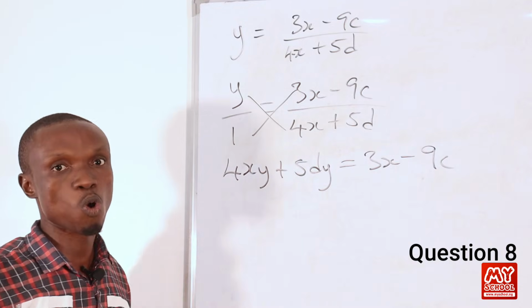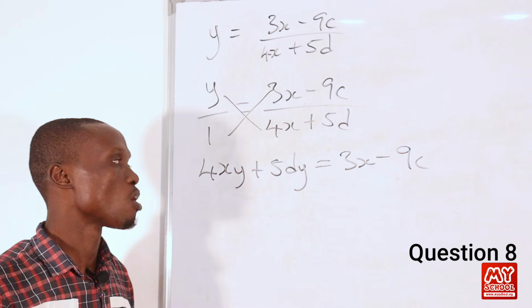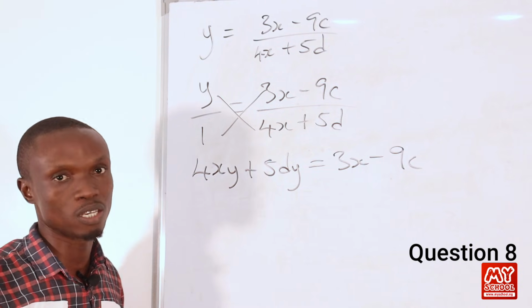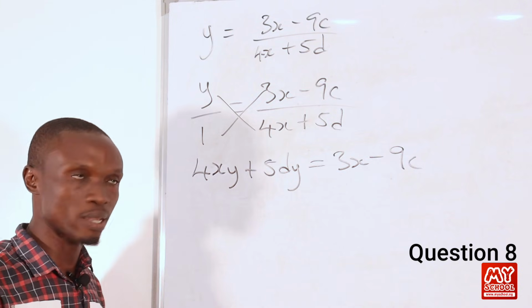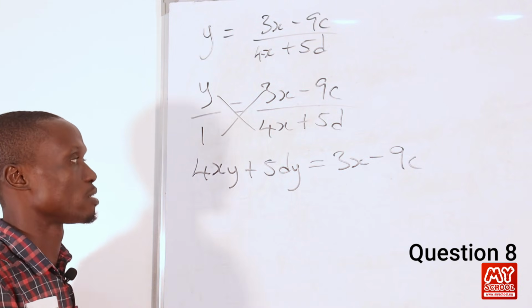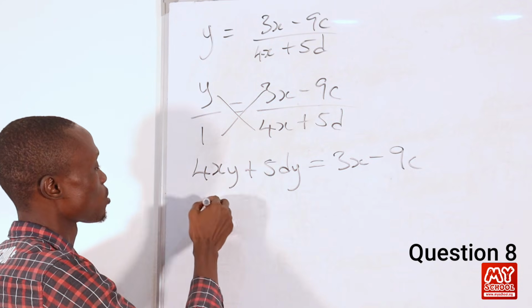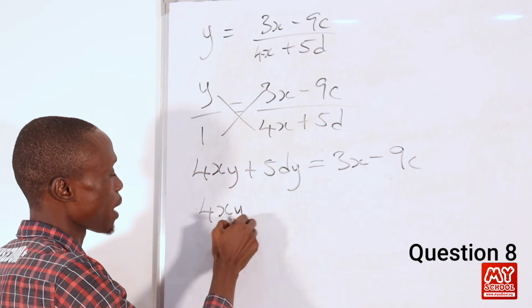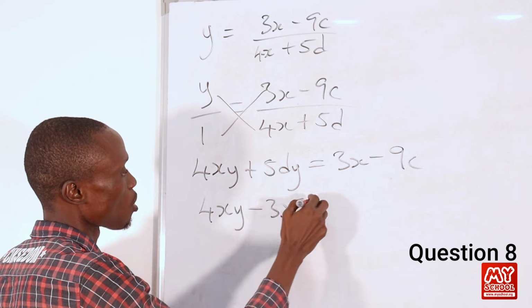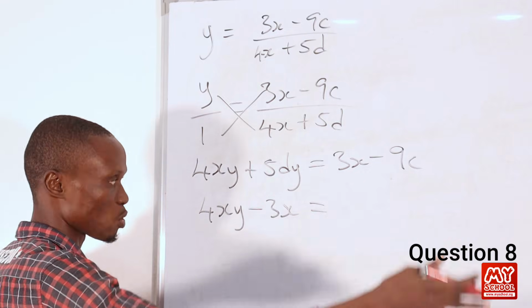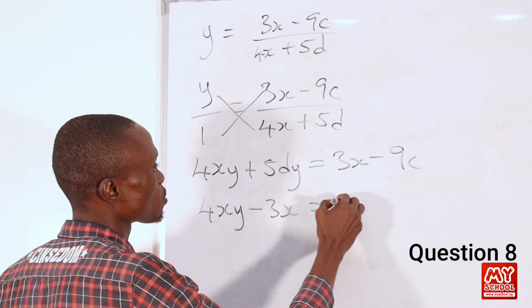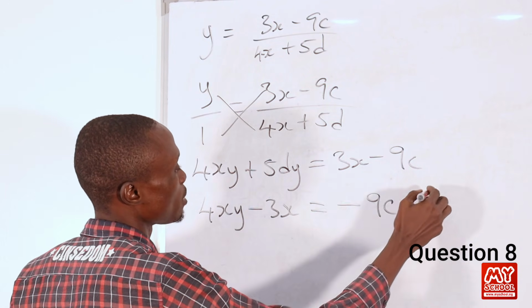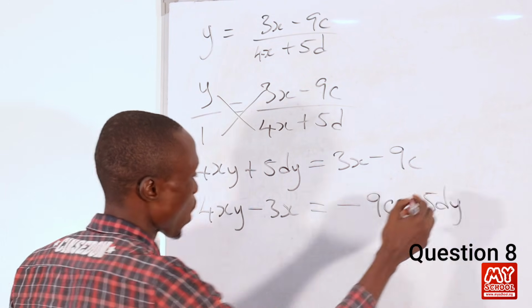Now, since we want to make s the subject of the formula, we have to make sure that we have all the terms with s on one side. So we'll move this 3s to this side, which gives us 4xy minus 3s. Of course, this 5dy we'll move to the other side, because we want just the s on one side. So this will give us minus 9c minus 5dy.